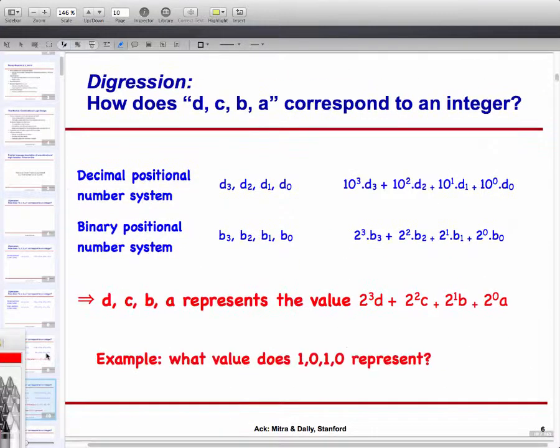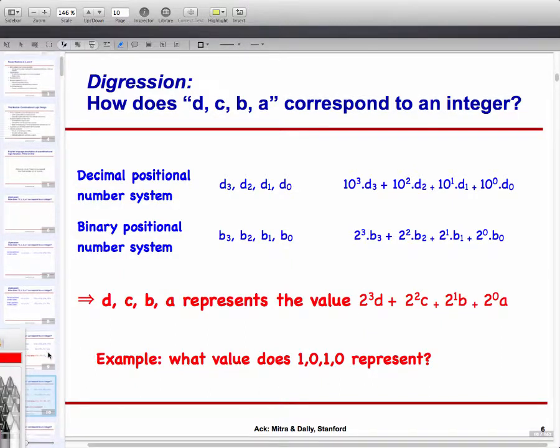Okay, so what does 1010 represent? Anyone? What number is that? 12, right? 8 plus 2, sorry. So it represents 10.